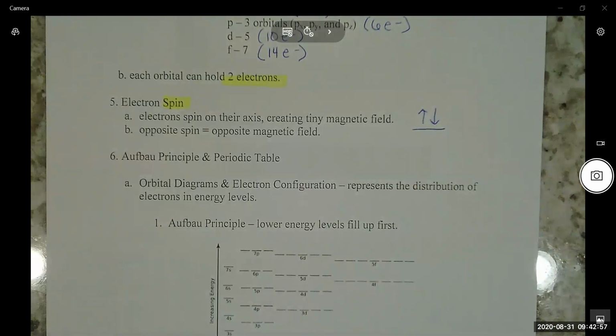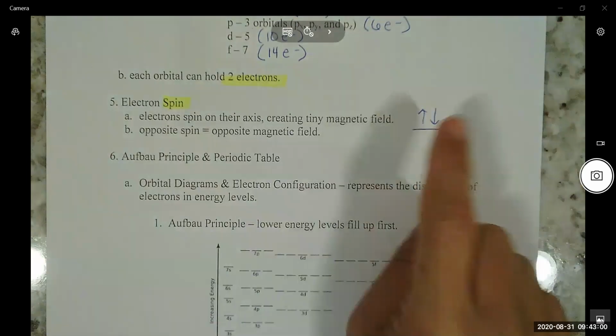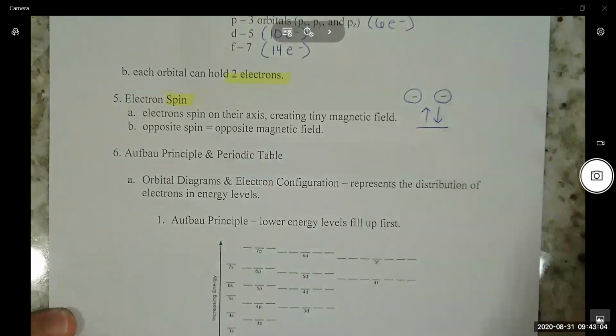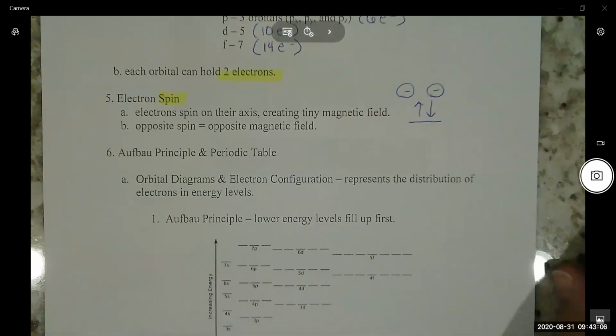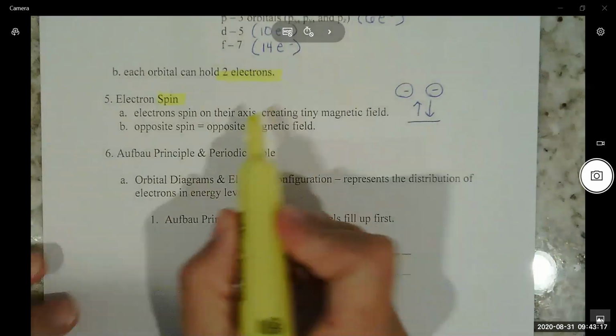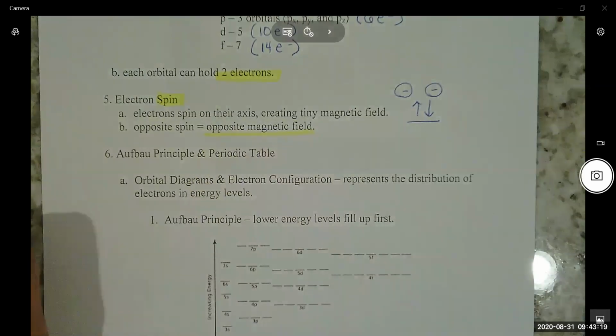So the reason why that's important is because this electron is negatively charged, and this electron is negatively charged, right? So really, they would repel each other, except for the fact that they're spinning in opposite directions. And since they spin in opposite directions, that affects their magnetic field.